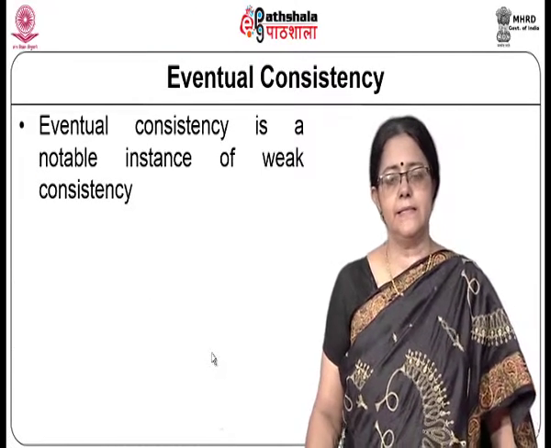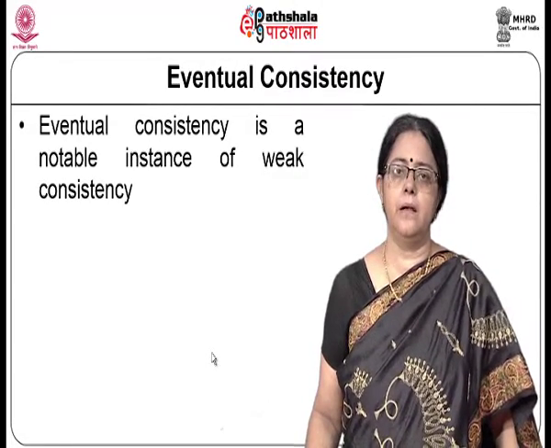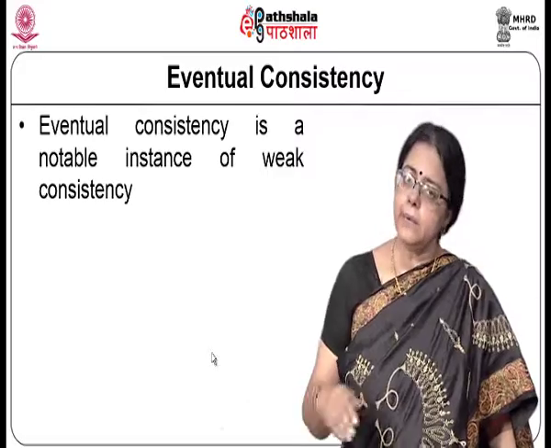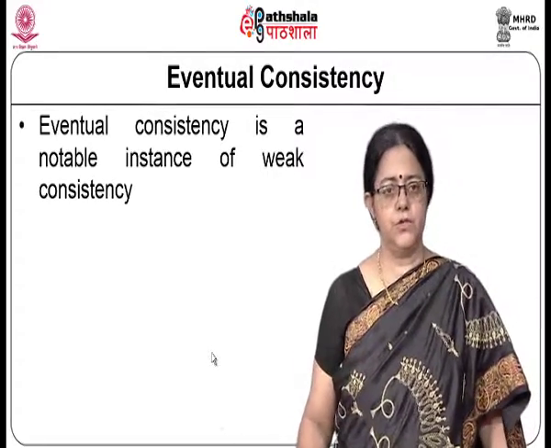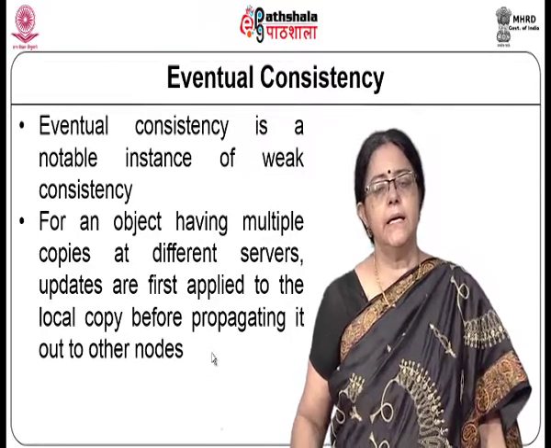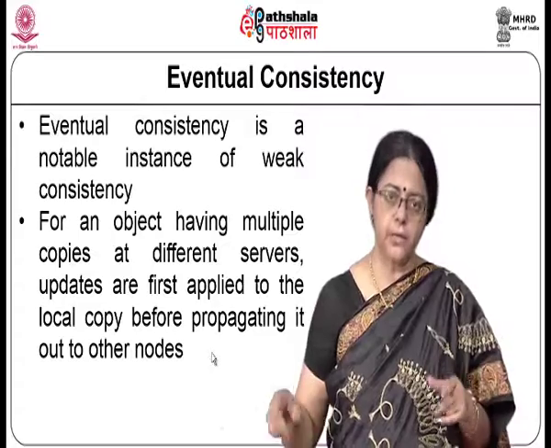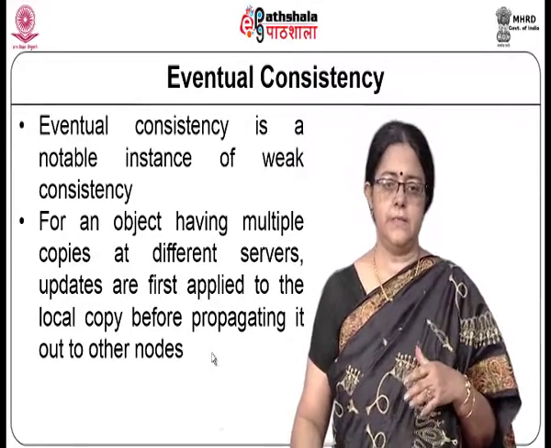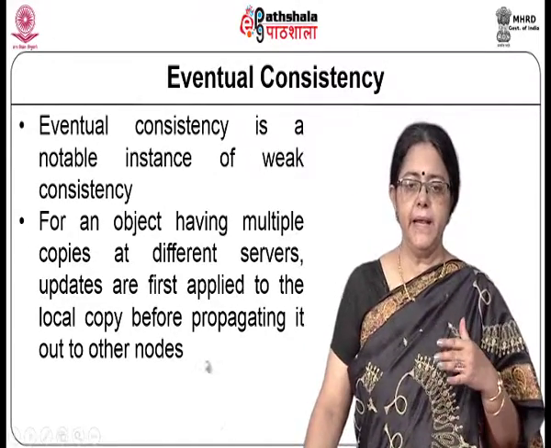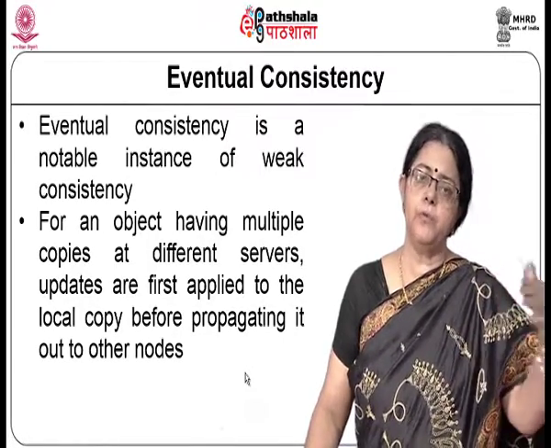Let us note that eventual consistency is a weaker variety of consistency when we compare it with the strong consistency model. An object that has multiple copies in different locations will be updated only in an amount of propagation.